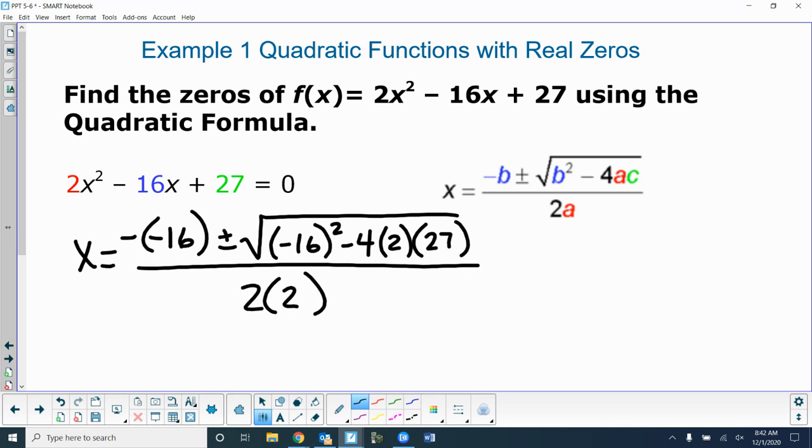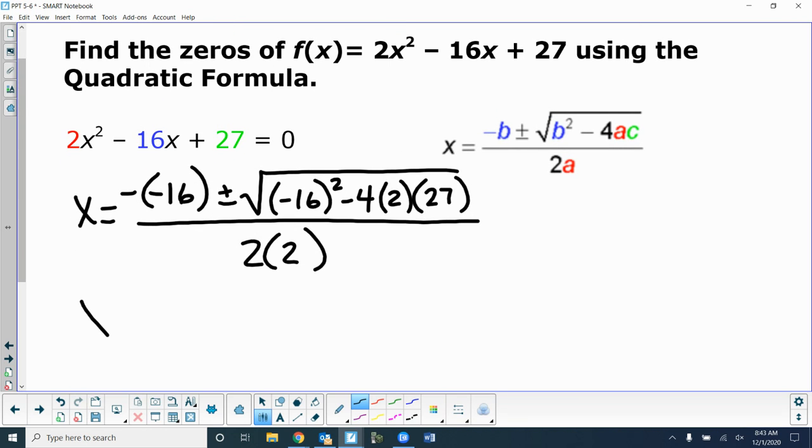We just substitute into the formula. So again, a is positive 2, b is negative 16, and c is 27. There, you don't put any variables in the formula. It's x equals whatever this comes out to be. All right? Again, you guys did this in Algebra 1, I believe. This should be review. Minus a negative makes it positive. 2 times 2 is 4.